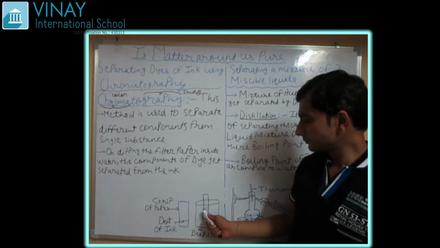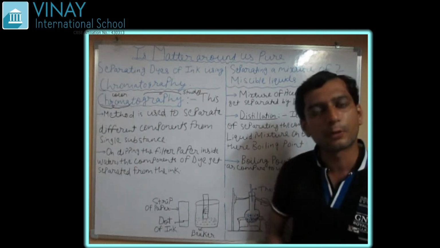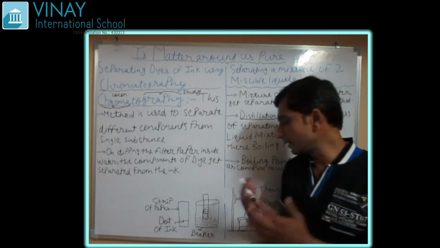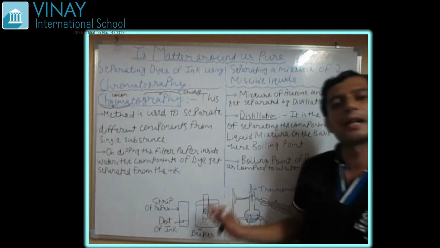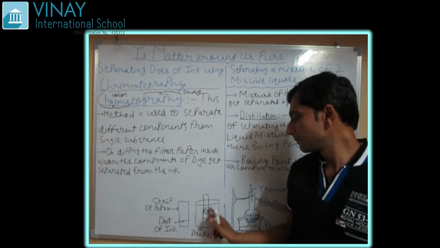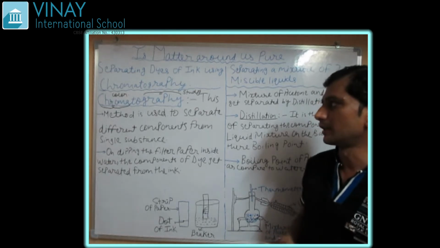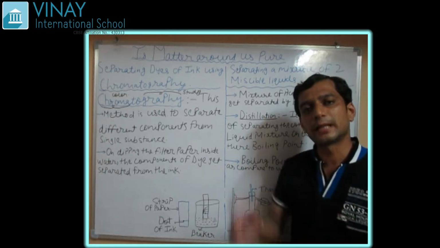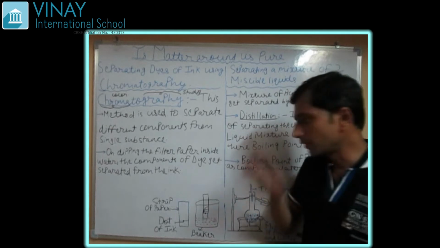In this way, different dyes will get separated at different points. From this, we can get the various dyes which are present in this ink. Okay, so this was the whole process which I was trying to explain to you. I think this might be clear for you all.